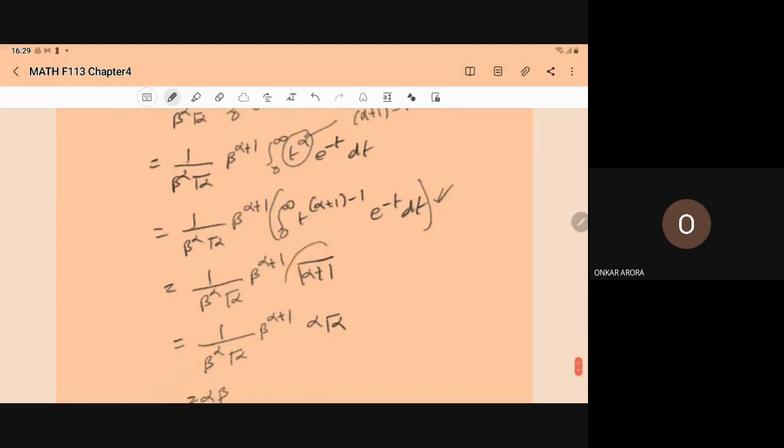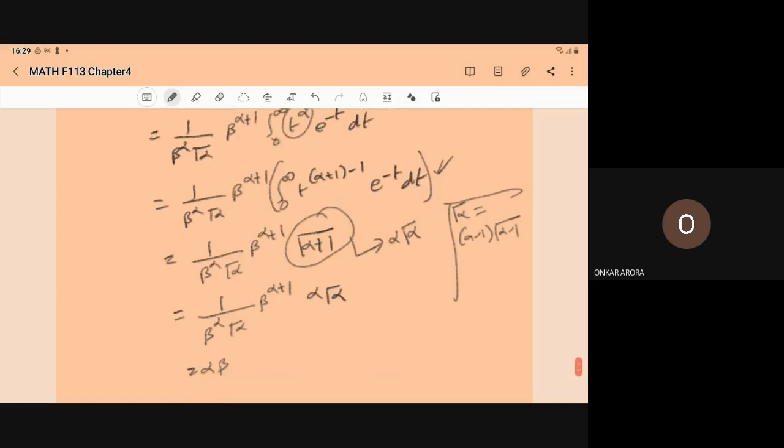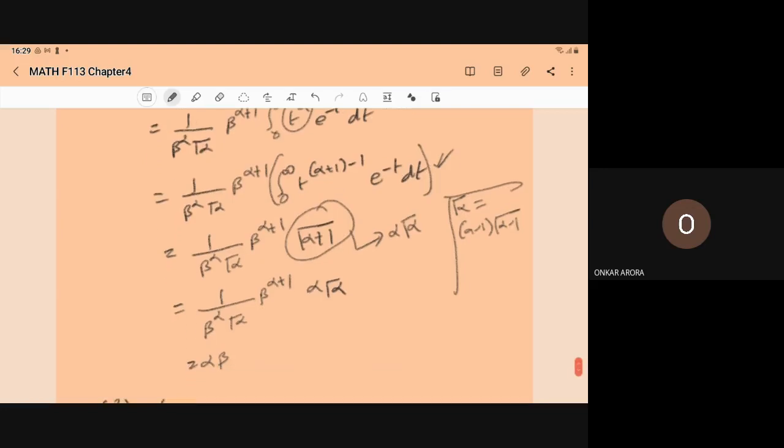And this gamma of alpha plus 1 can be written as alpha into gamma of alpha, since I have written earlier that gamma of alpha is equal to alpha minus 1 into gamma of alpha minus 1. Just in place of alpha, you write alpha plus 1. So it will become 1 upon beta to power alpha gamma of alpha, beta to power alpha plus 1, and gamma of alpha plus 1 can be written as alpha into gamma alpha.